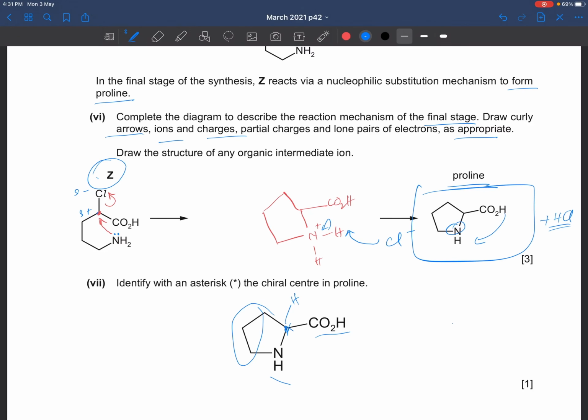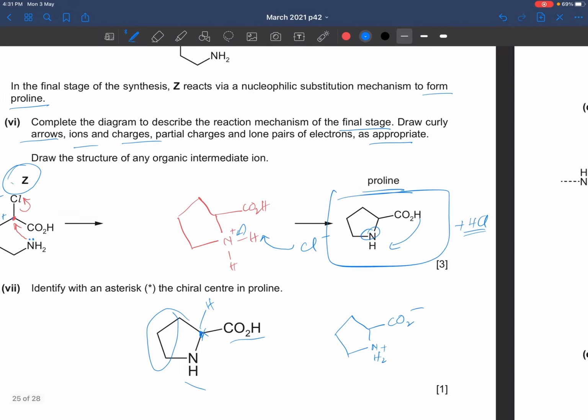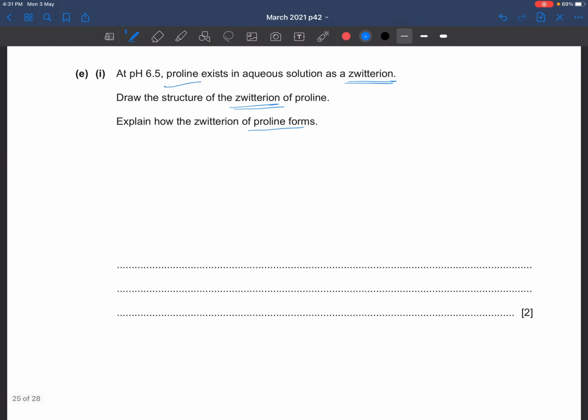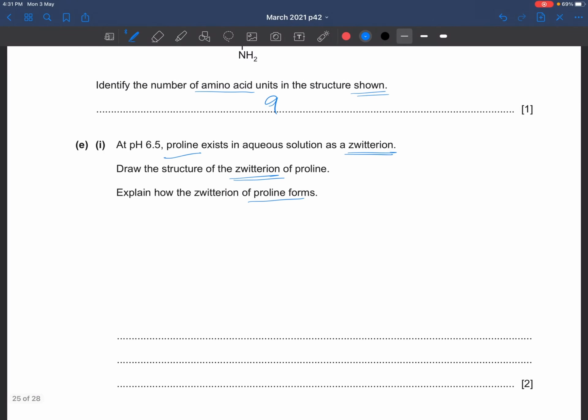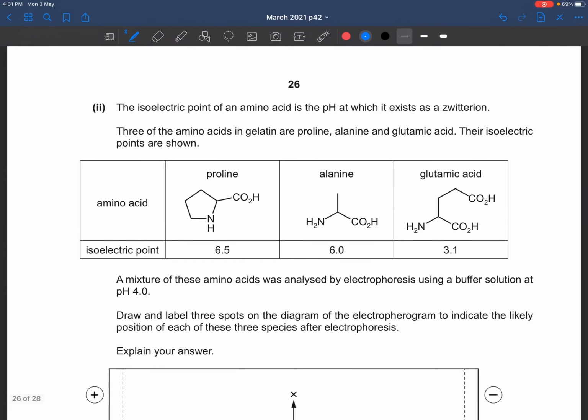So it would become, I'm drawing the structure here, NH2 plus, CO2 negative. This is the zwitterion. And we just give the details that the proton would be lost from COOH and NH would gain it.